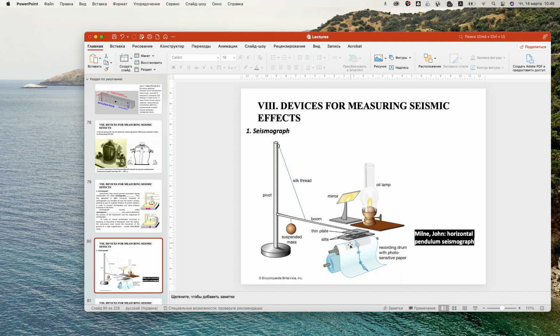So after the earthquake, we will find this sheet of paper which has a record on it, not from a pen or other element, but the record of the light on the photosensitive paper. And this gives us an ability to analyze the seismic impact at a certain part of our planet. So, is it clear how a seismograph works according to this slide?